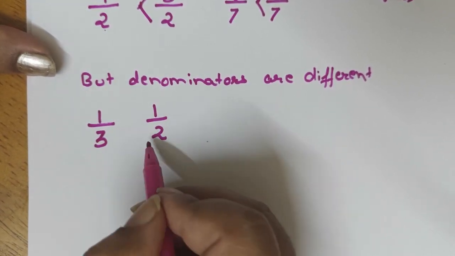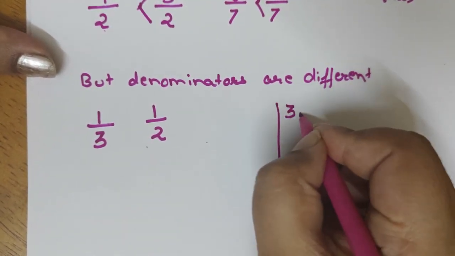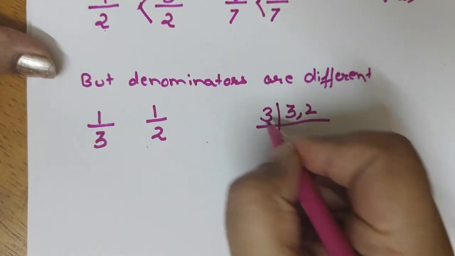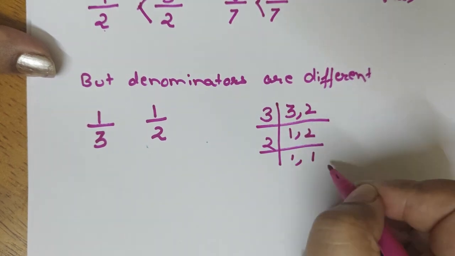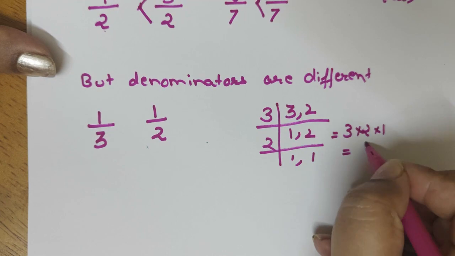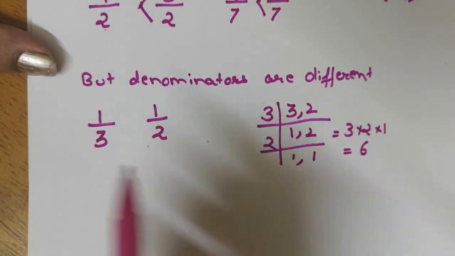For that, we will find the LCM. The LCM will be 6. So 6 is the LCM.